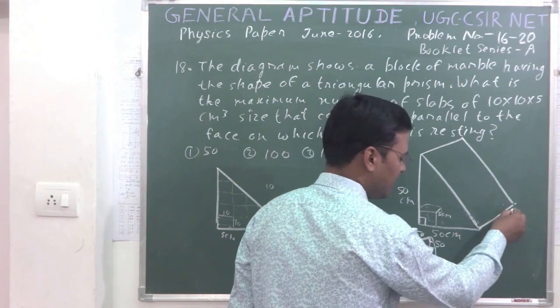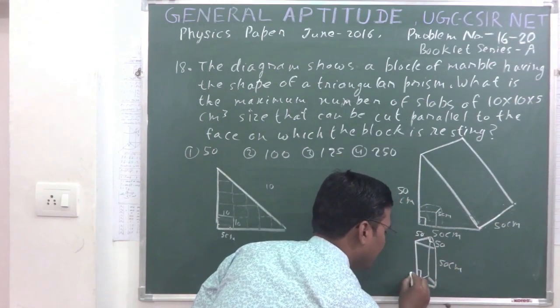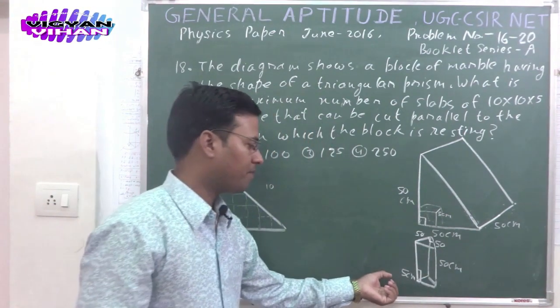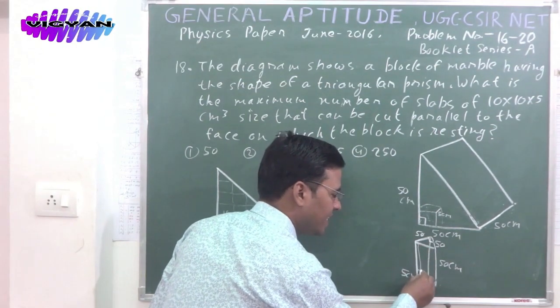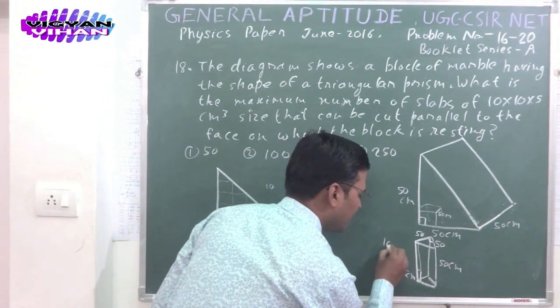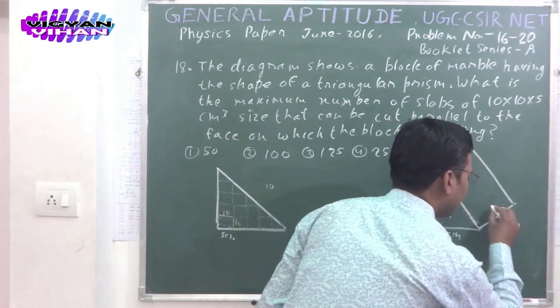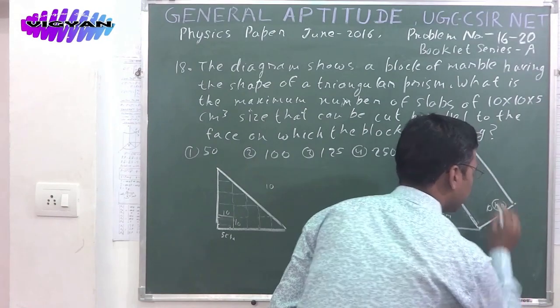This is the length here, but here it is height. So we will cut 5 centimeter height from this slab. Then in this line of 50 centimeter we can cut 10 number of such slabs. Here we can write 10 number of slabs.